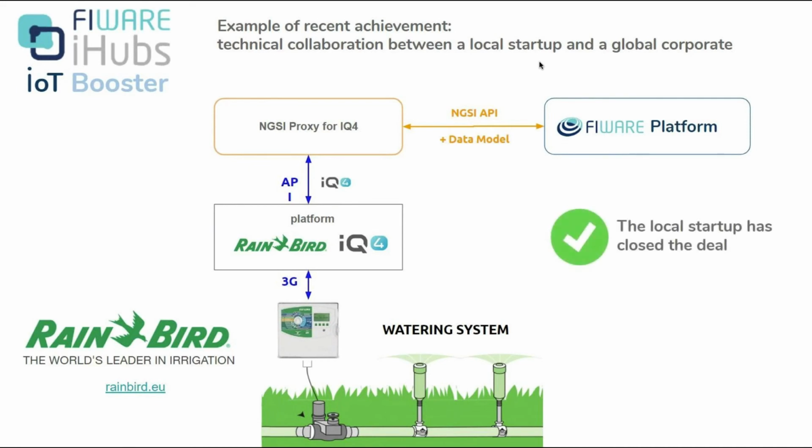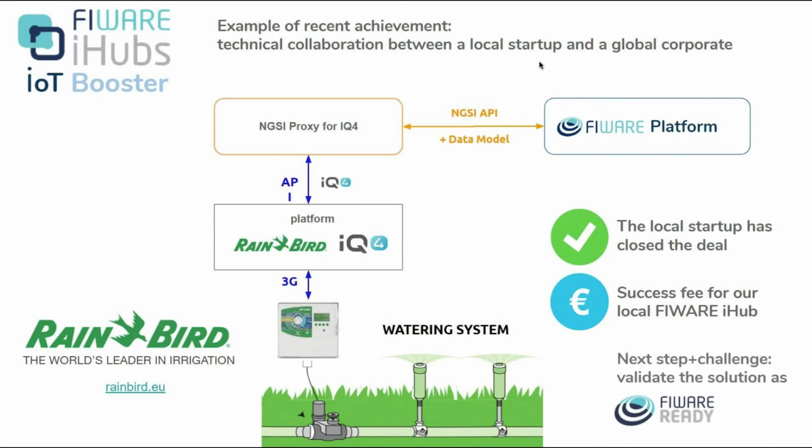This has been successful because the startup has closed the deal with its customer, and again, a part of our business model: FIWARE Numérique and the IoT booster FIWARE iHub get a success fee for this achievement. And now, probably the next step and one of our challenges is to push these stakeholders to validate the solution as a FIWARE-ready solution.